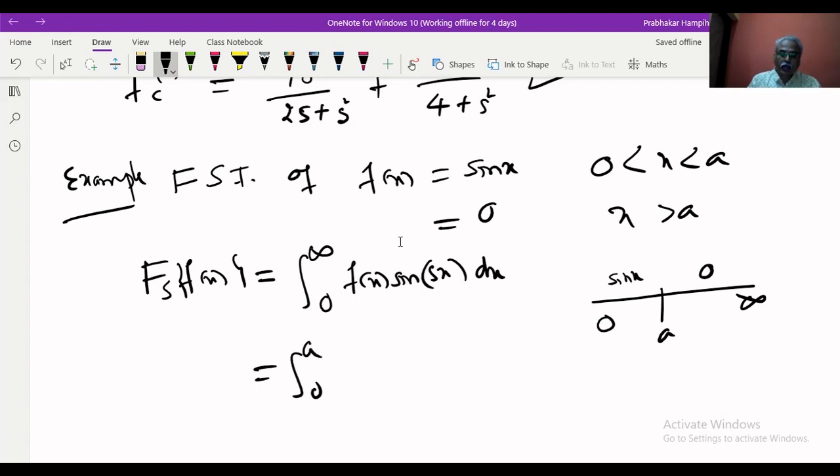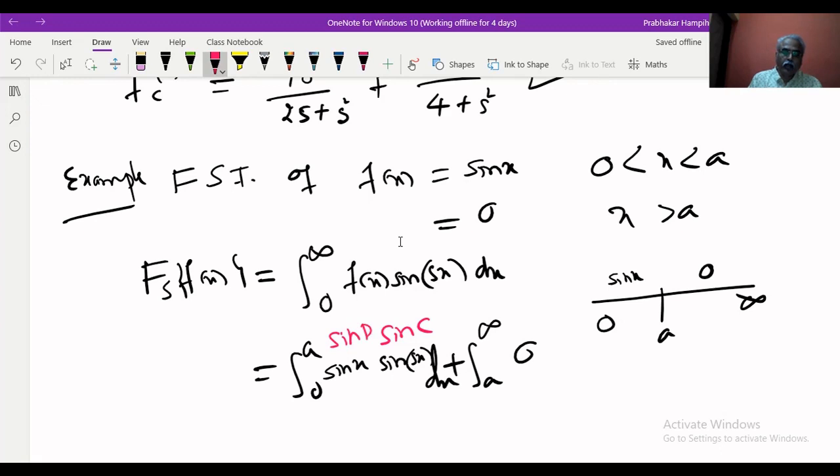So 0 to a plus a to infinity: 0 to a it is sin x sine sx dx, and this part it is 0. If I consider this as the sin c sin d formula, then I am going to end up with half of the integral from 0 to a.